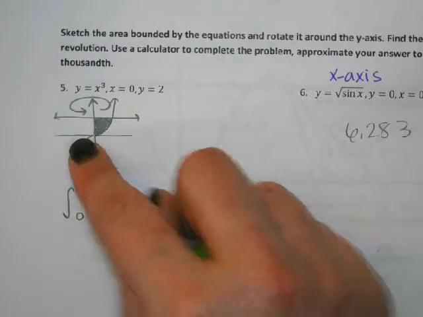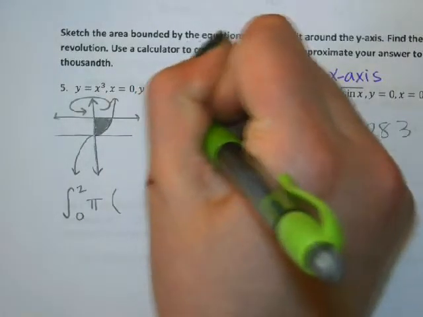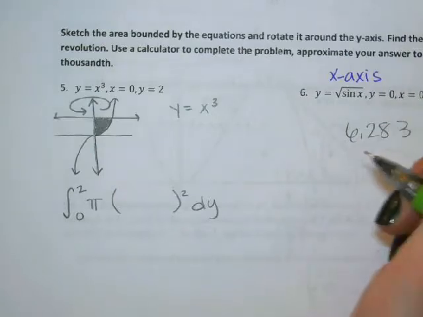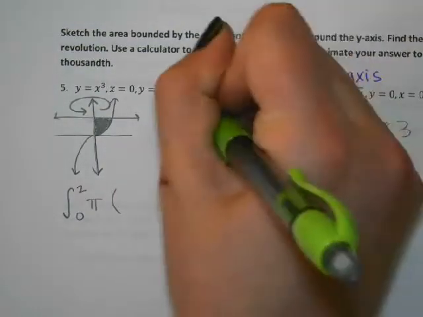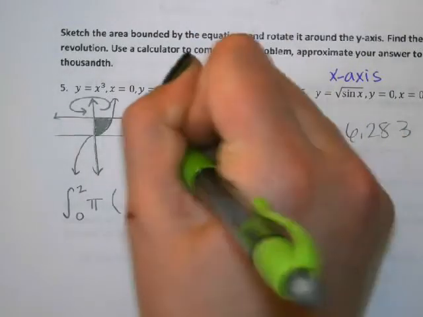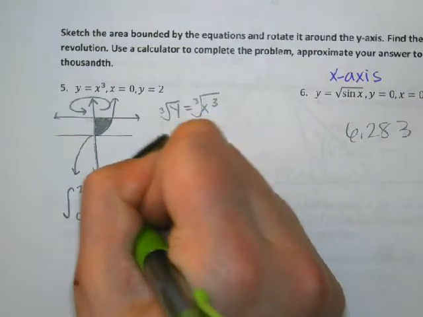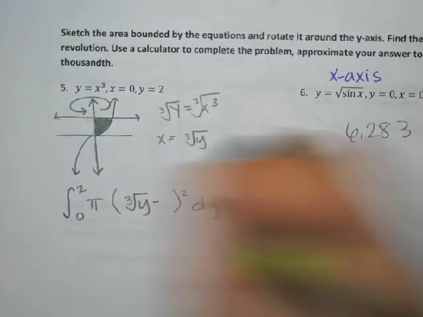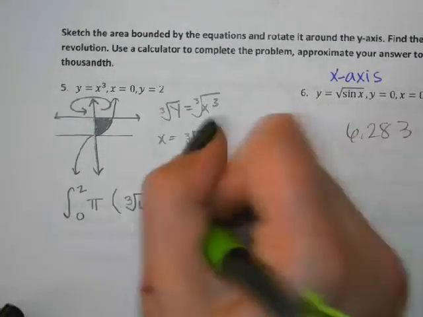So can we do x to the third minus 0? No. We have to rewrite this equation. So right now I have y equals x to the third. How do I rewrite it so it's in terms of y? Cube root. So x equals the cube root of y. So I have cube root y minus 0.